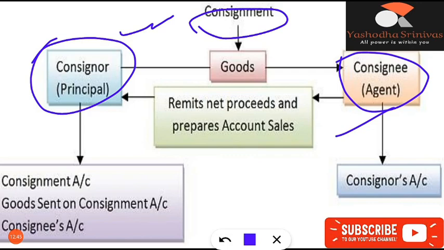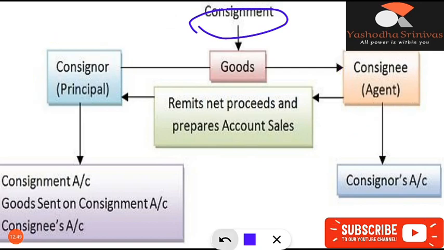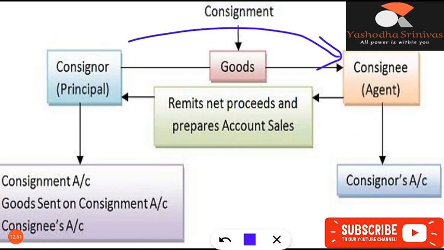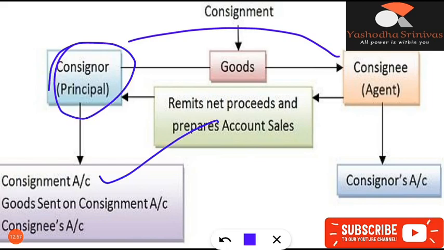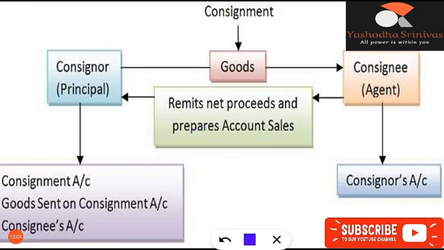So the goods are sent by this person to this person for sale. Later, in the books of the consignor, we need to prepare the consignment account, goods sent on consignment account, and consignee account. These three accounts we need to prepare. Next, in the books of the consignee, we are going to prepare the consignor's account and related ledger accounts, whenever they ask you, particularly in the question paper.